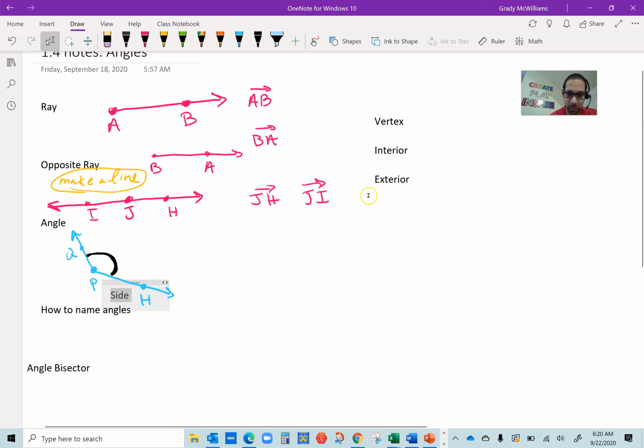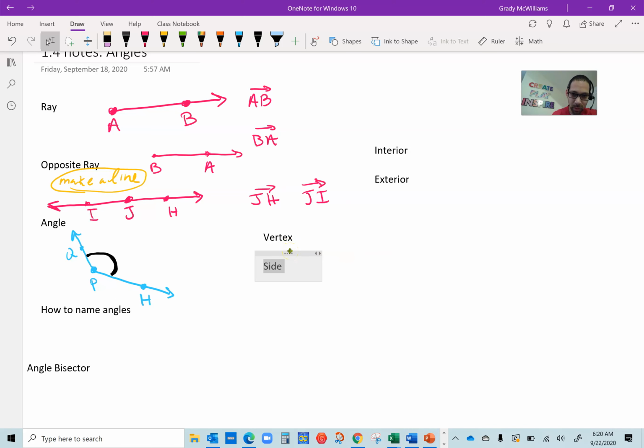And then there's also the vertex. So the vertex is the shared endpoint. In this particular example, it is point P.